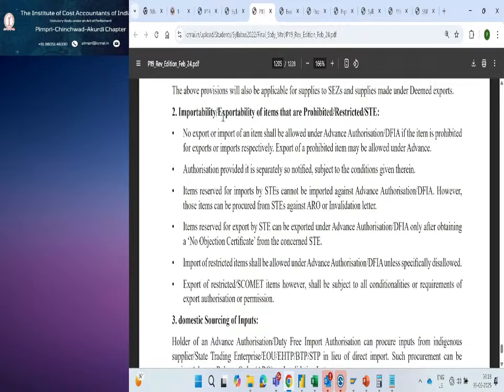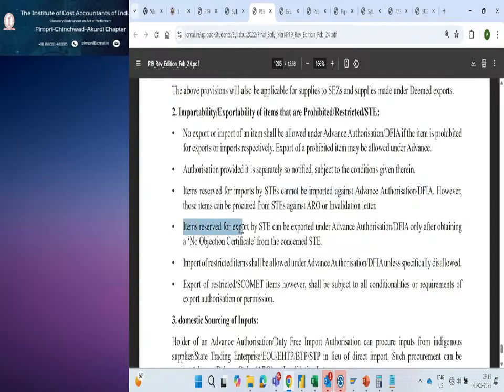And the importability or exportability of items that are prohibited or restricted, that is, in the state trading enterprises. No export or import is allowed if it is prohibited for export or import. So this is a general one. If those items are prohibited items, then you are not eligible. Then authorization is provided, separately notified, and the items reserved cannot be imported against advance authorization.